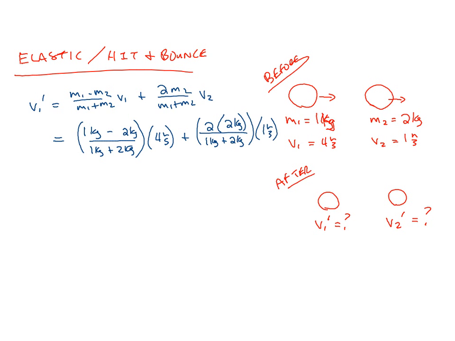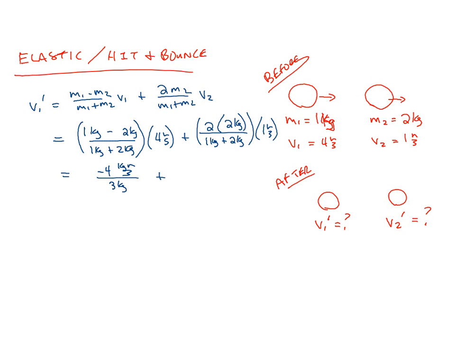Okay? So this is going to turn into some fractions and stuff, but we can do this. This isn't too bad. 1 minus 2 would be negative 1. I kind of like to go all the way across the top here. Multiply that negative 1 times 4, and I'd have a negative 4 kilogram meter per second. Downstairs, 1 plus 2 kilograms would be 3 kilograms.